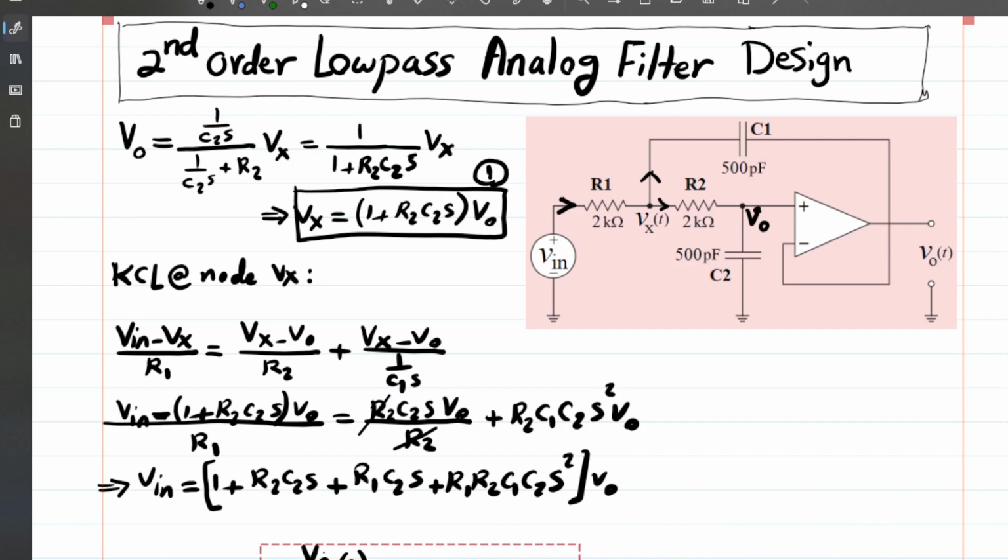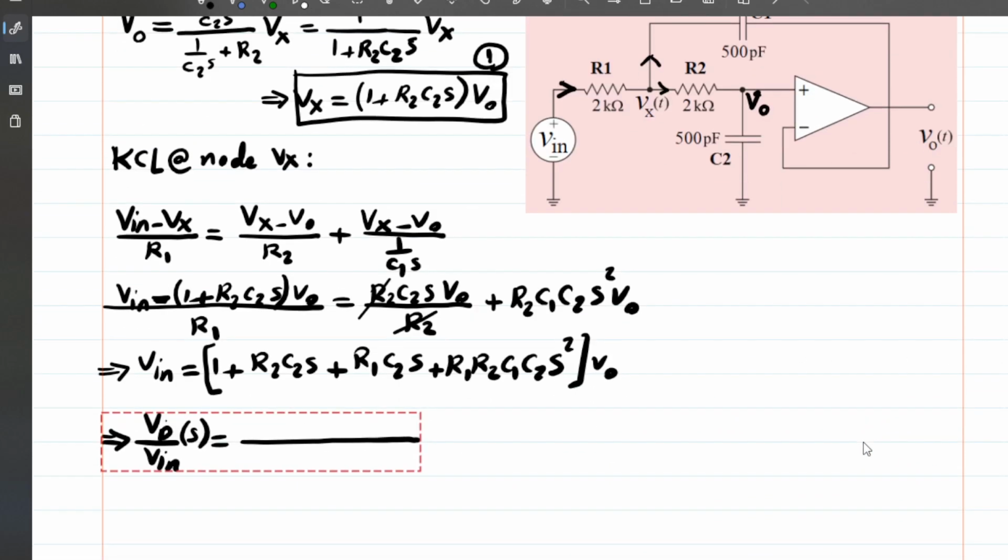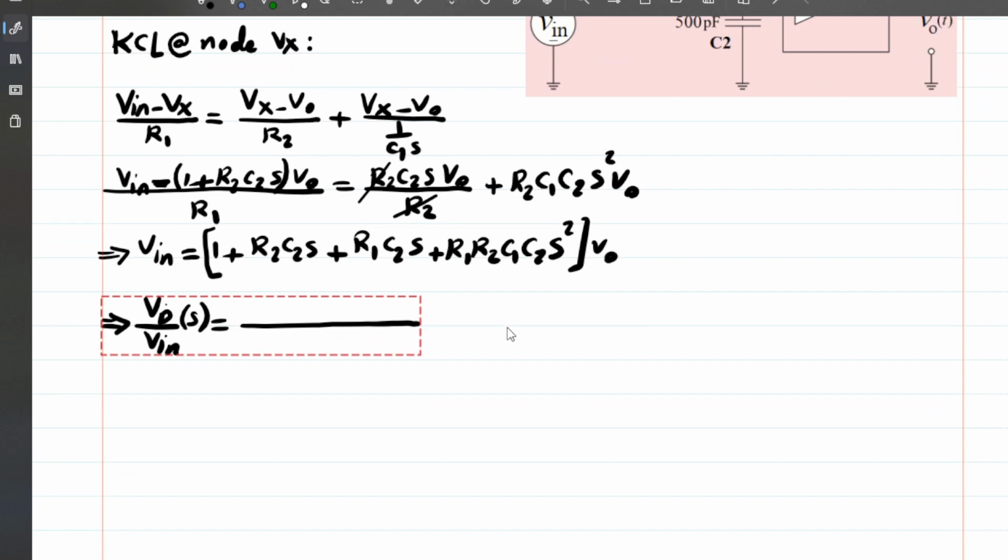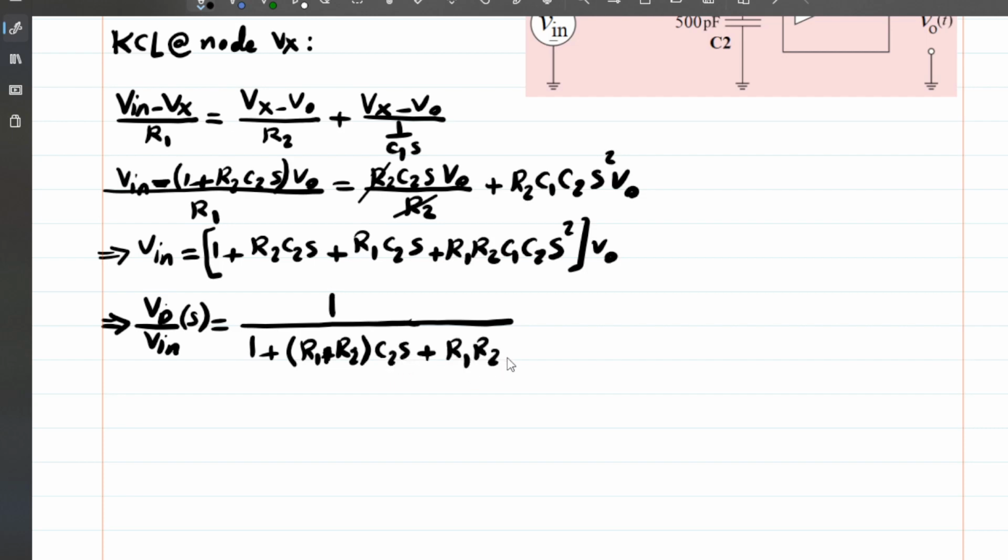It's 1 divided by 1 plus, I can factor out C2s here, so it becomes (R1 plus R2) times C2s plus R1R2C1C2 s squared.